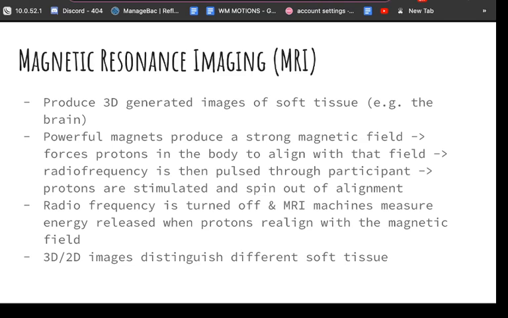There are 3D images, and there are also usually 2D images. 3D images are usually the ones you see, the interesting, weird, detailed brain shapes.